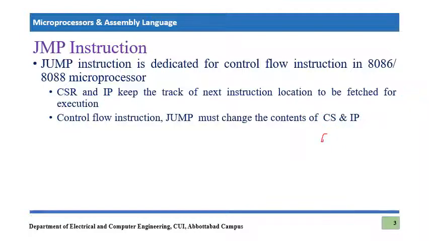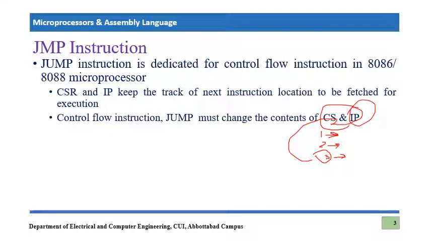Let me write again. For example, instruction number 1, then number 2, and we were discussing number 3. You know that this address was being pointed to by these values of CS and IP, right? So somehow we change the value of IP.